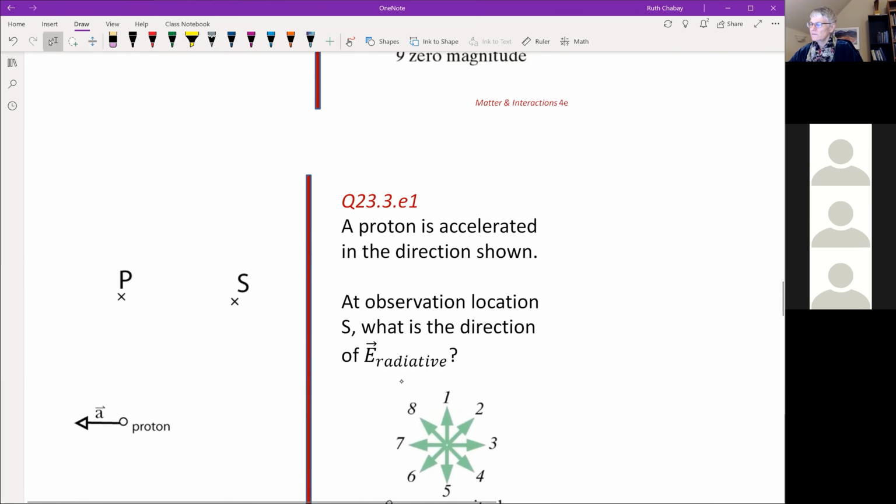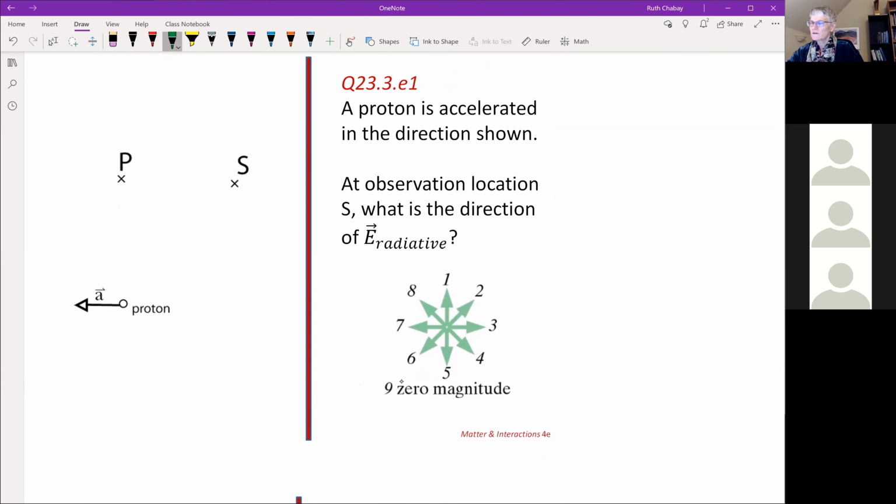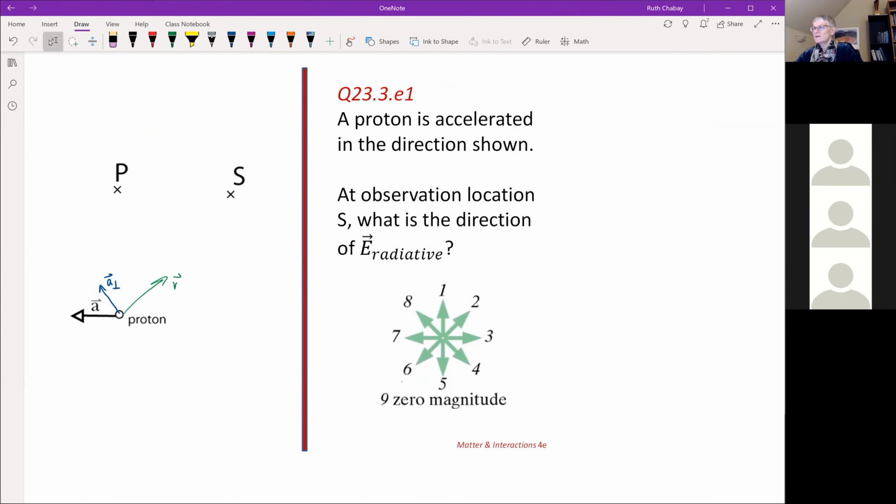And so, of course, our next question is, what's the direction of the radiative electric field that an observer at S is going to see? Indeed, that's absolutely correct. So at S, what you'll pick up is a radiative electric field in that direction.